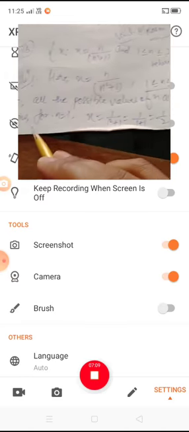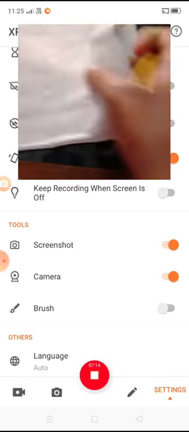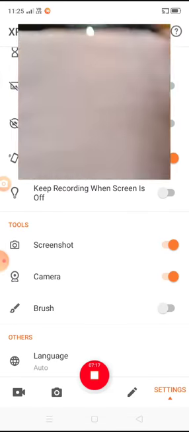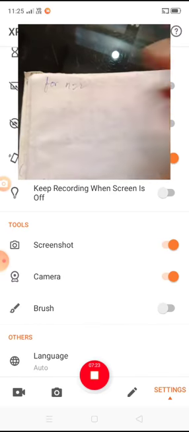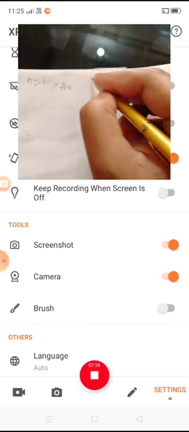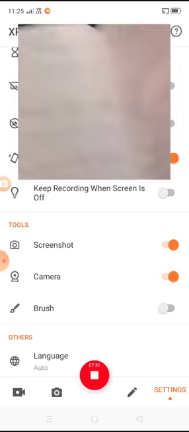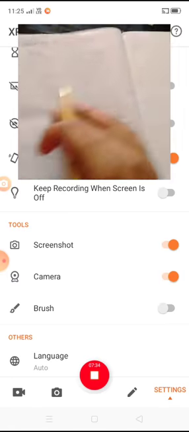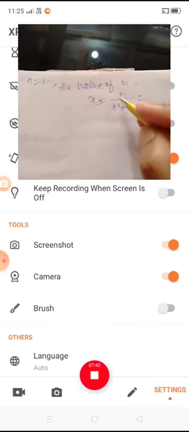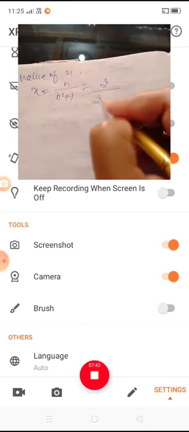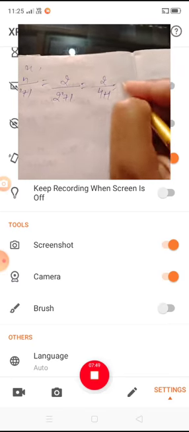Now for n equal to 2, x is equal to n upon n square plus 1, so 2 upon 2 square plus 1, that is 2 upon 4 plus 1, that is 2 upon 5.